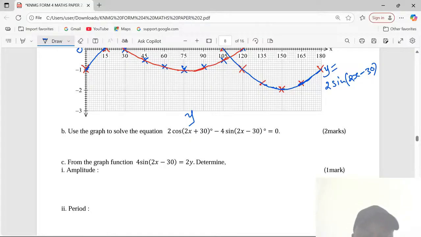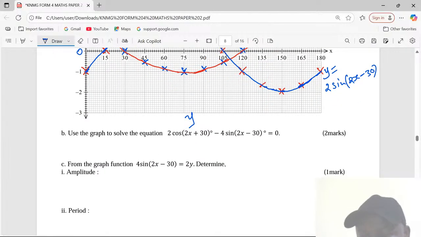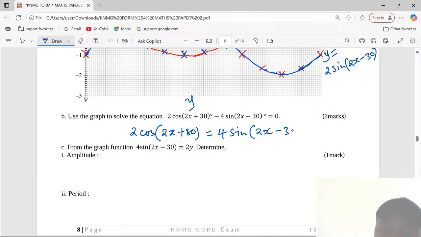So let me show you how to go about this. When you look at the curve, none of them looks like what has been stated here. But if we rearrange to remain with the 2 cosine of 2x plus 30 equals, instead of minus 4, now the 4 becomes positive, sine of 2x minus 30.